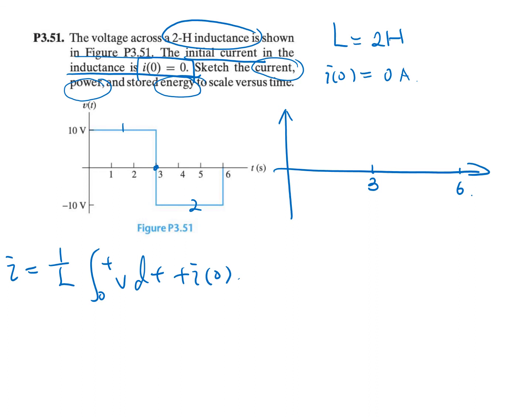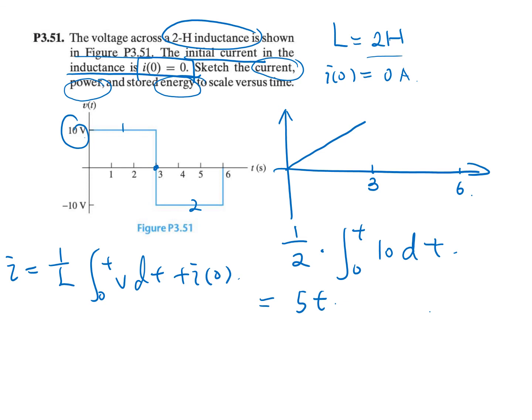So for stage 1, when t is between 0 and 3, we have 1/2, substitute in the numbers here, times the integral of 10 dt, because it is 10 volts here, and simplify, we get 5t. So the function for the first part is 5t, and this is 15.